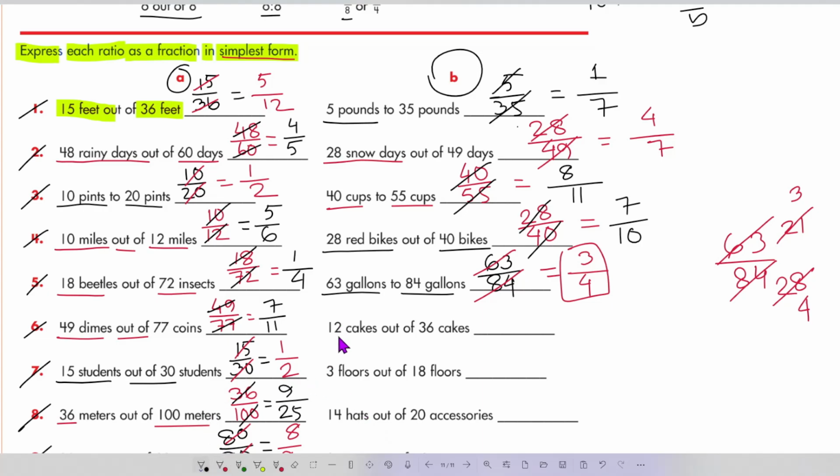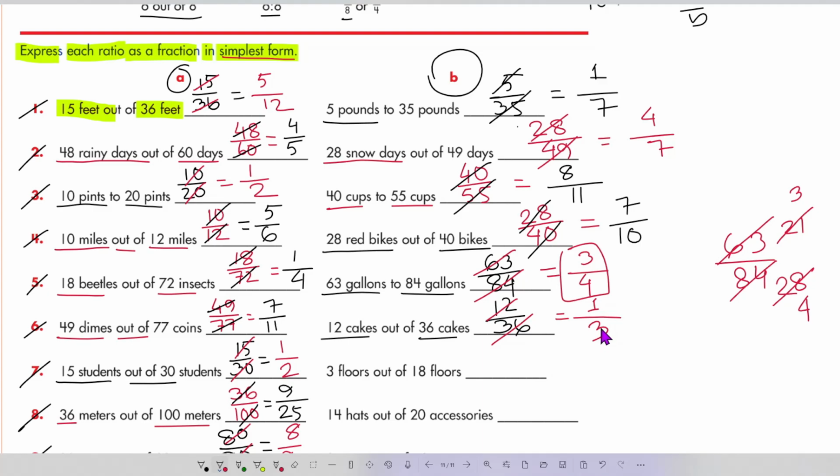Next, 12 cakes out of 36 cakes. So 12 by 36. This one we can divide by 12. So 12 divided by 12 is 1 and 36 divided by 12 is 3.